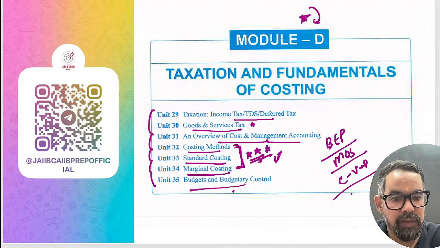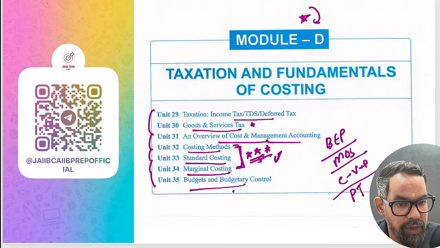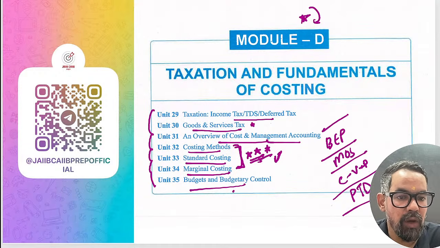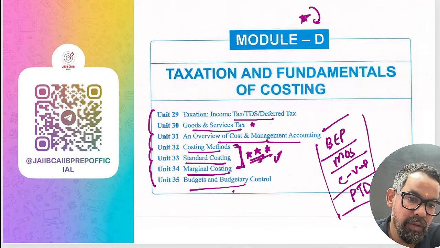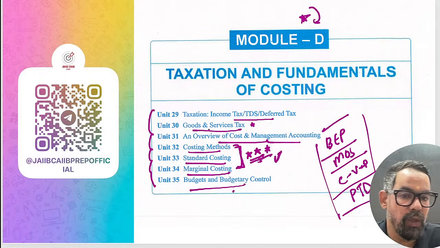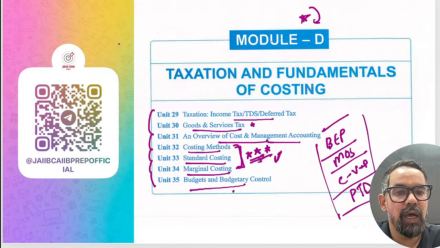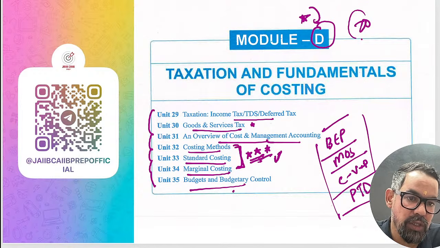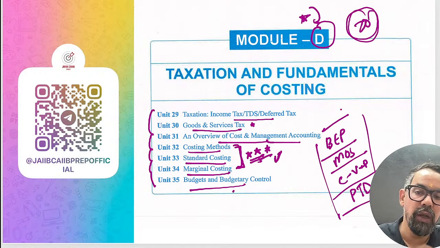Apart from this, profit to date or profit till date. This is mostly the numerical portion. They ask 1-mark numericals around these topics. In this module itself, you can expect on an average 20 marks of questions around this, and it is doable.